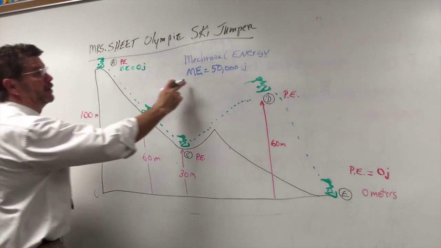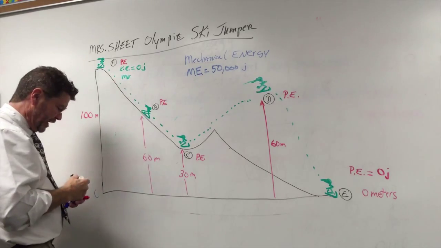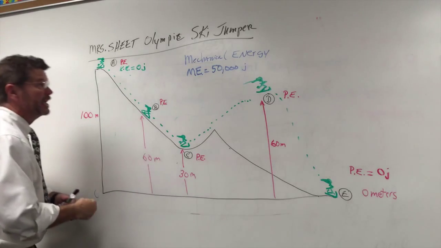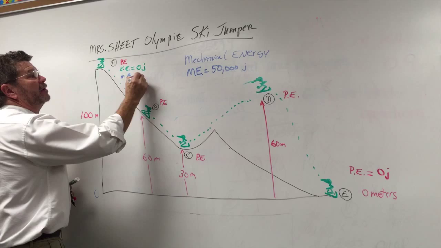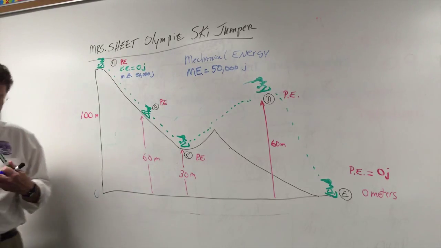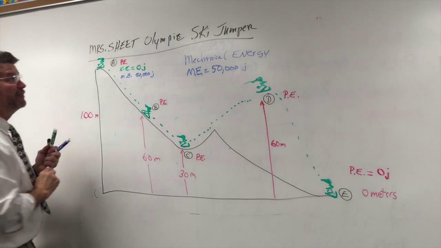If the ME for all of these is 50,000, what is her PE at this one? What does it have to be? 50,000. It has to be 50,000.